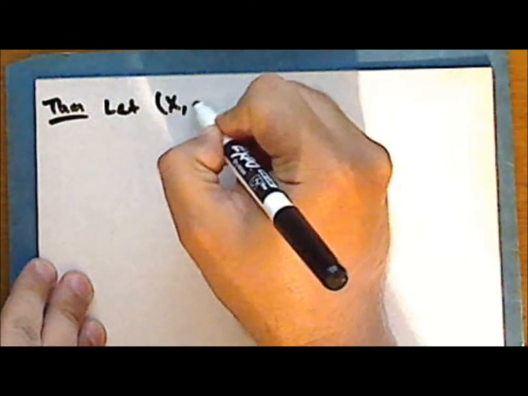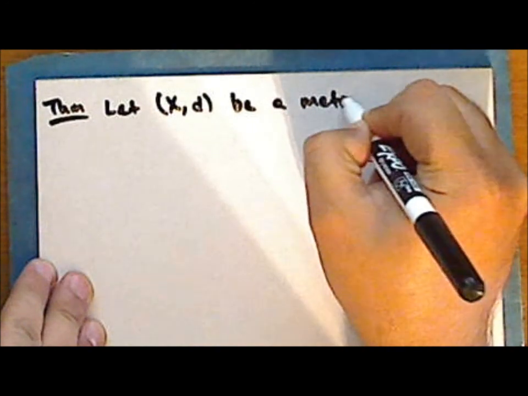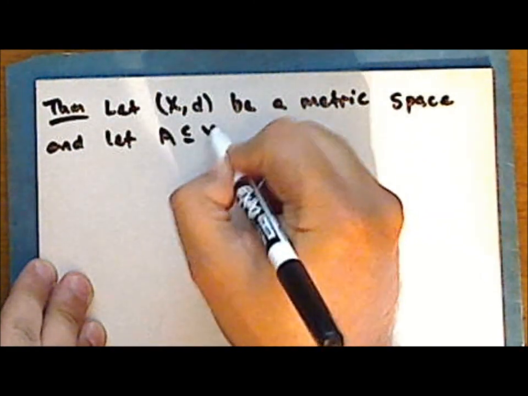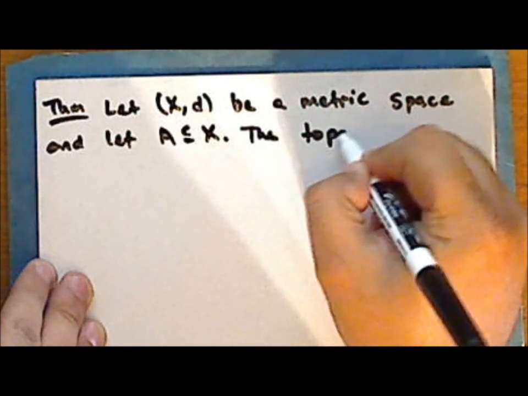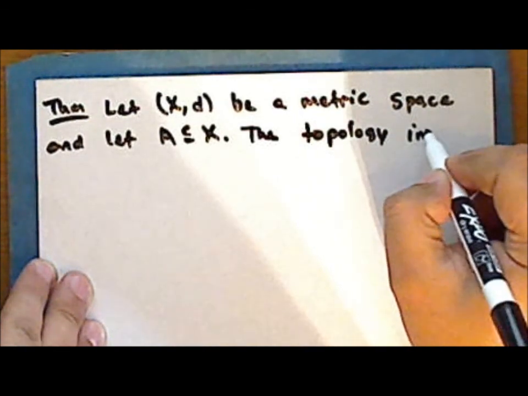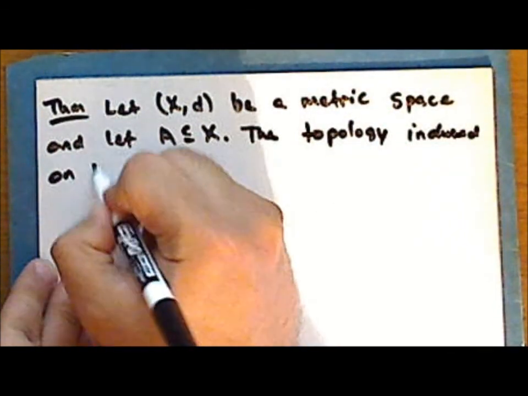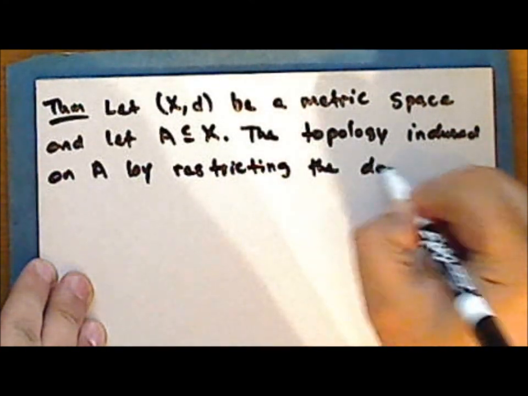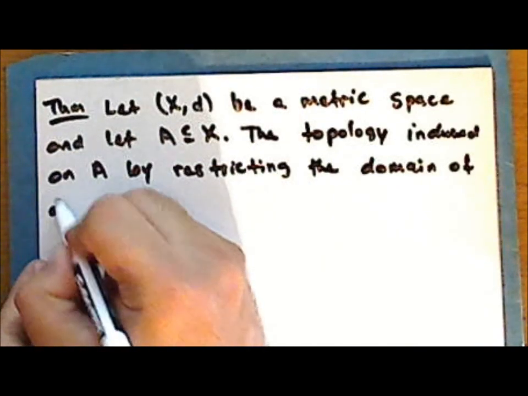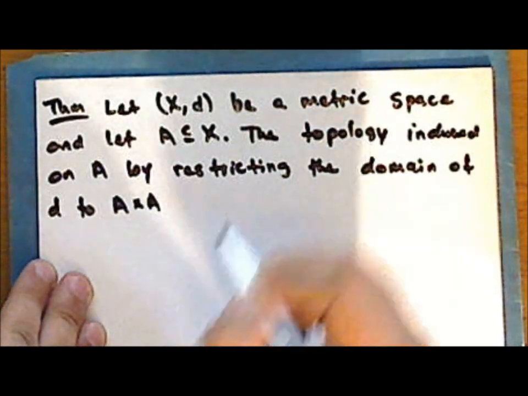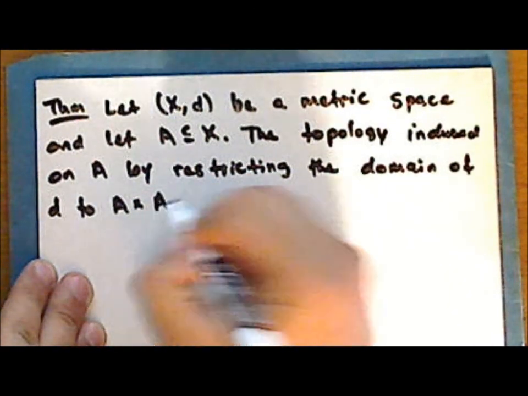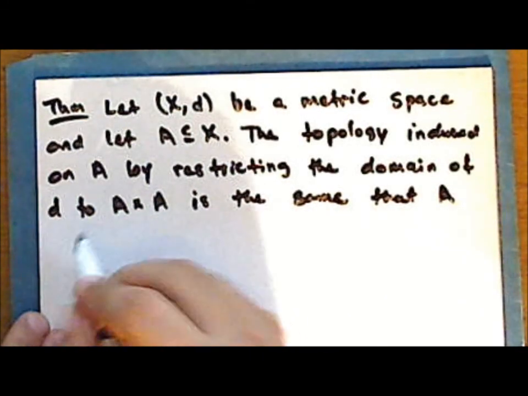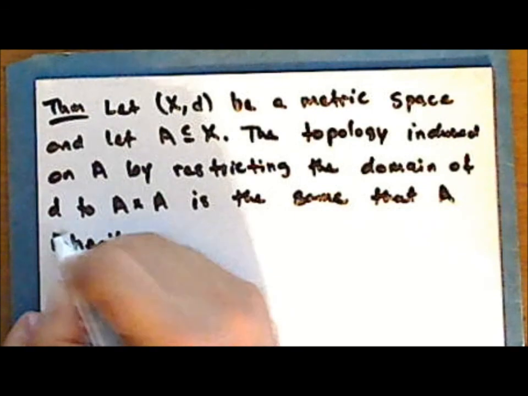So let the set X together with some metric d be a metric space, and let the set A be a subset of the set X. The topology induced on A by restricting the domain of the metric d to the Cartesian product of A with itself is the same as the topology that the set A inherits as a subspace.